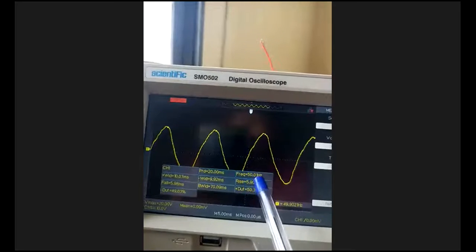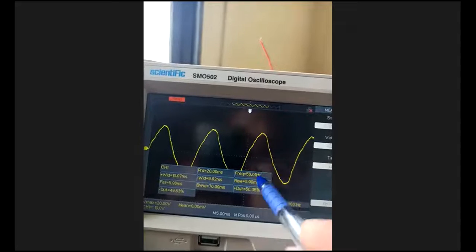You got the answer. 0.05. 1 by 10 to the power of minus 3 is nothing but 10 to the power of plus 3. The plus 3 it is nothing but upper side. 0.05 into 1000. How much is it? 50. That is the frequency we have measured here. 50.